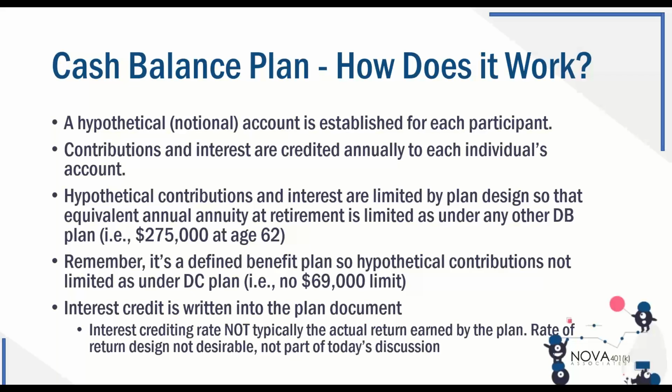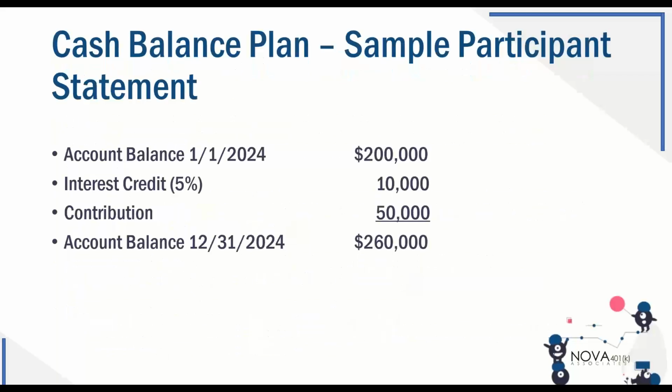When we do the design, we're always making sure that the benefits are staying under that annual annuity benefit that applies to DB plans. We're not limited to the $69,000 that's in the DC. We really can do whatever the document says. So it looks like a DC plan, but doesn't operate that way in a lot of ways.